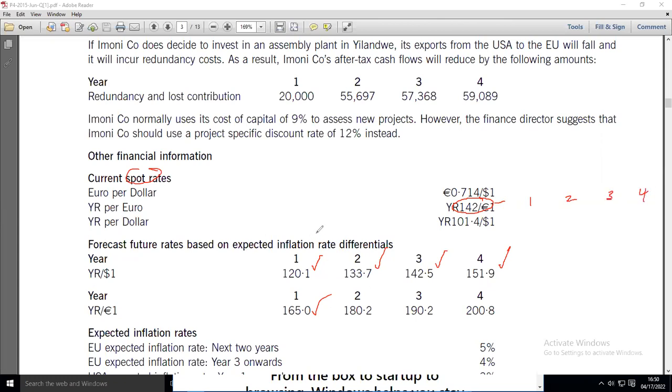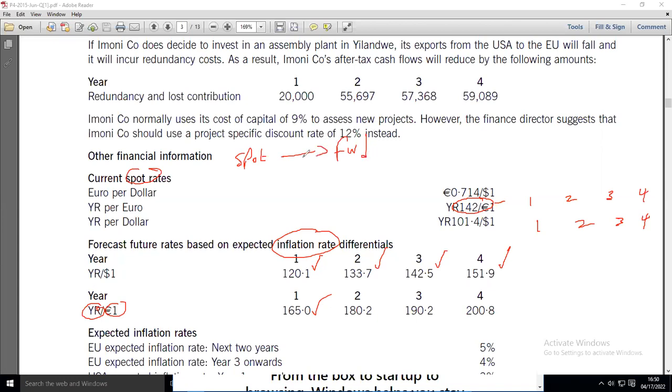What are you going to use? Inflation rate differential. In a similar way, do the Rand on a euro for year 1, year 2, year 3, year 4.